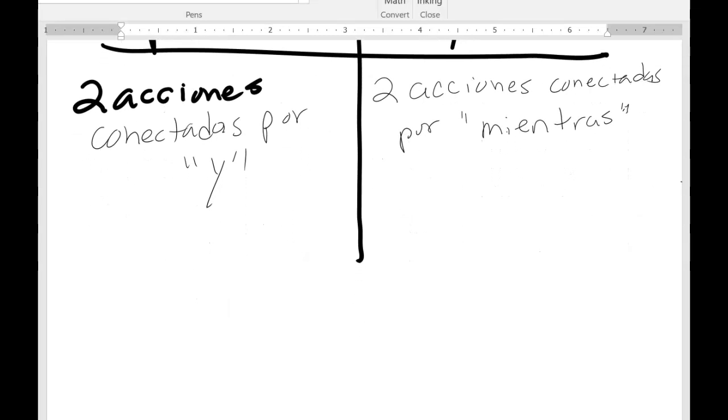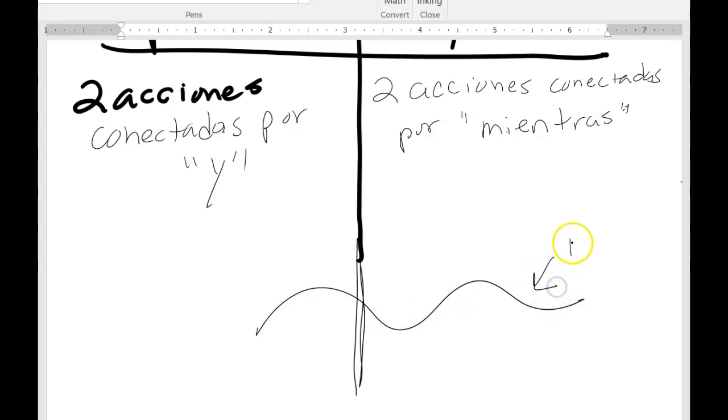And número 3 is a little more complicated. We're going to do a chart, a little drawing for those in a second. En la oración que sigue, un verbo está en el imperfecto y el otro está en el pretérito. El verbo en el imperfecto describía lo que pasaba. Here we go. Lo que pasaba. So what was ongoing, what was happening.